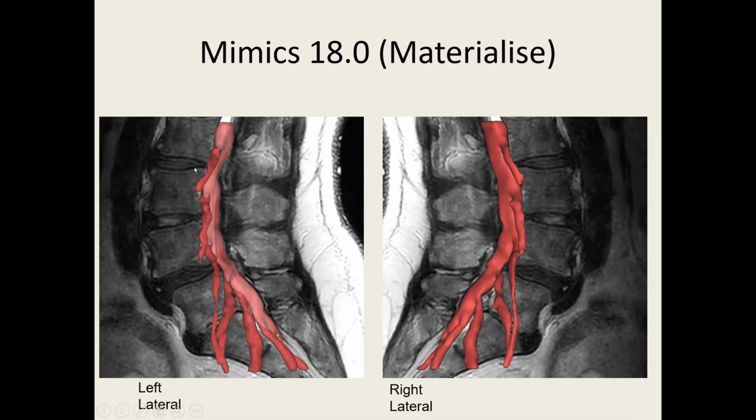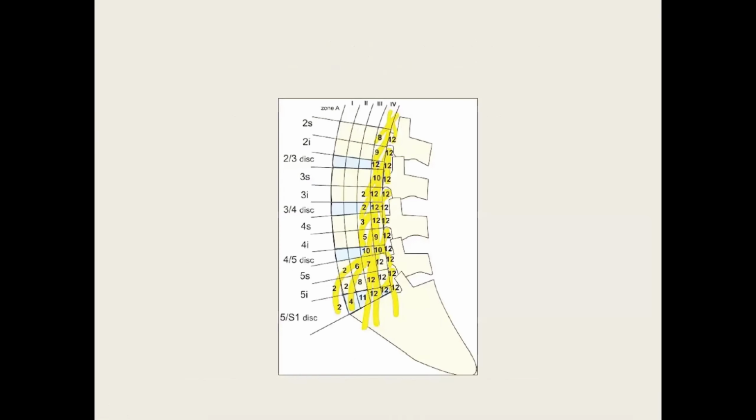In the upper part, L2 to L4 is not a problem, but when one comes down, the lumbosacral plexus overlaps on the posterior half of the body. So sometimes it's difficult. Neurography is not mandatory, as Dr. Srikanth told. It is just to have an idea of the anatomical orientation.